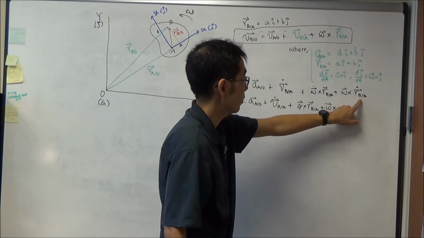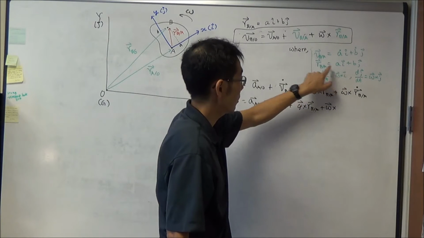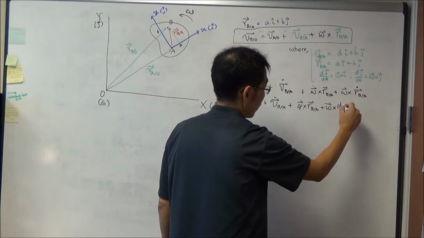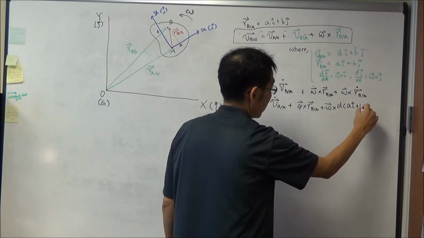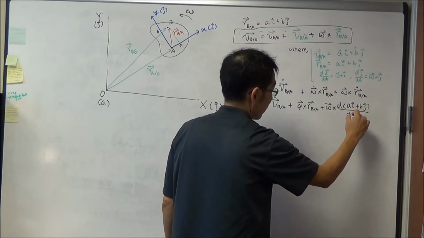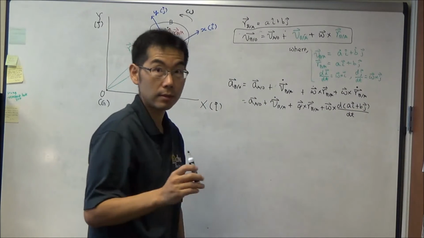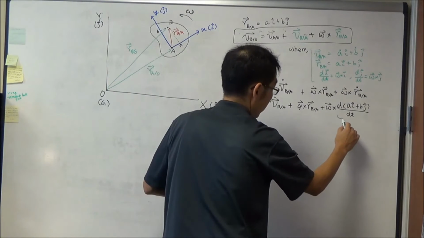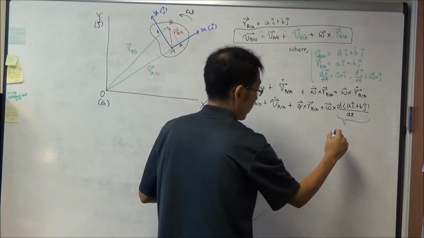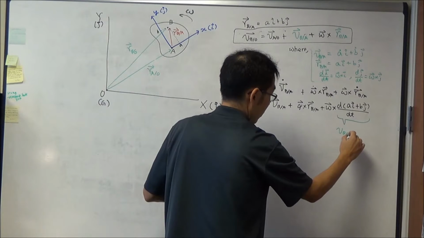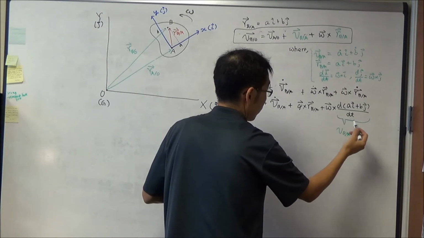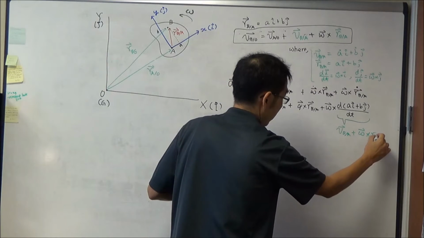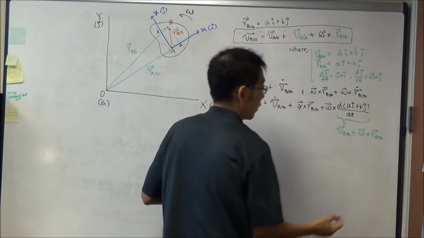What is this one? So this one is the derivative of all this. So if I write down a i and b j and d/dt. But last time we kind of know that if you take the time derivative of this one, it becomes this one plus omega cross R_BA.